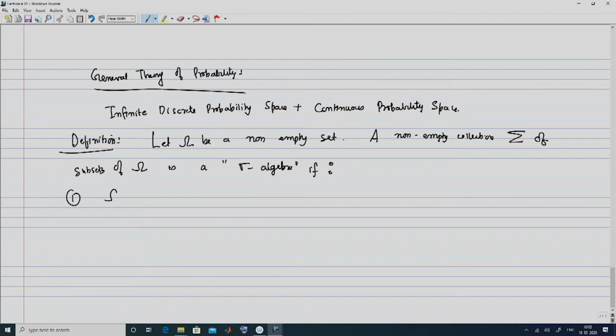The first property is that omega belongs to this sigma algebra. Second, this is the property of closure under countable union.